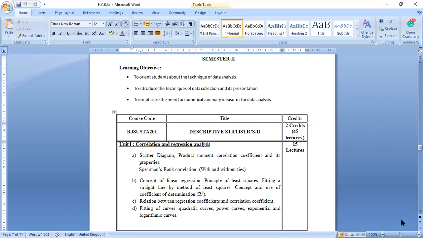If I talk about this semester 2, the paper name is, in semester 1 it was descriptive statistics 1, now it is descriptive statistics 2, because it is a part of descriptive statistics.